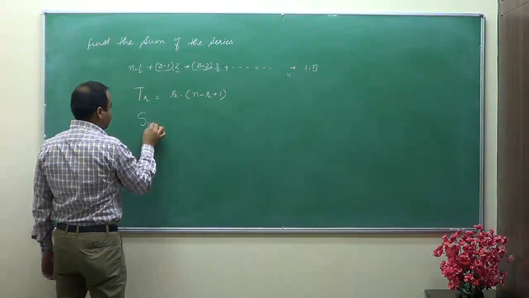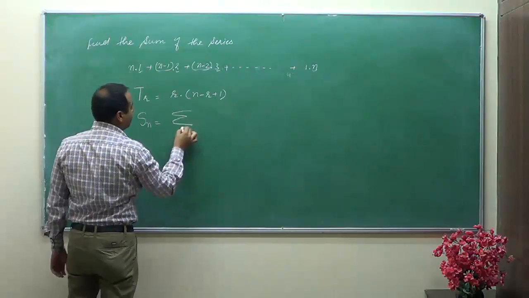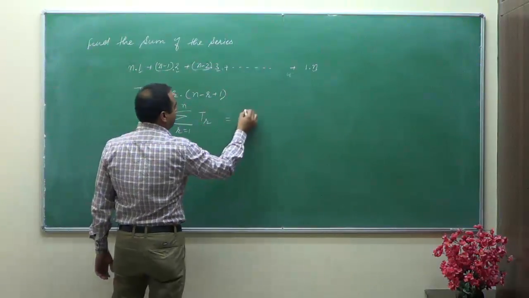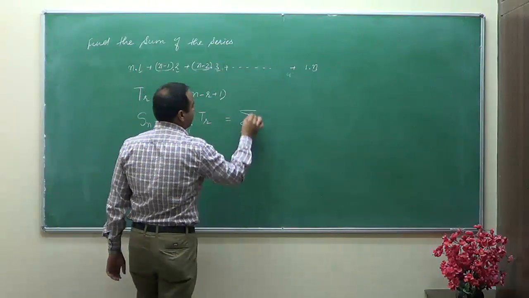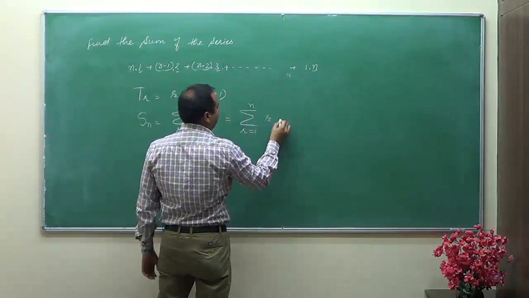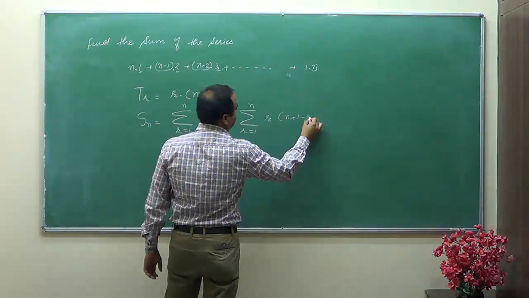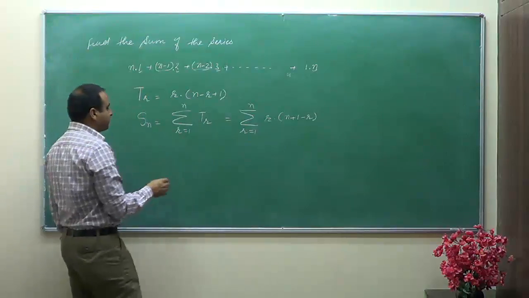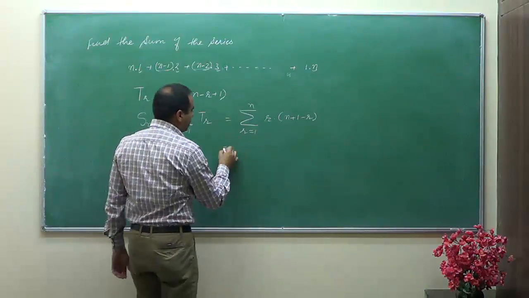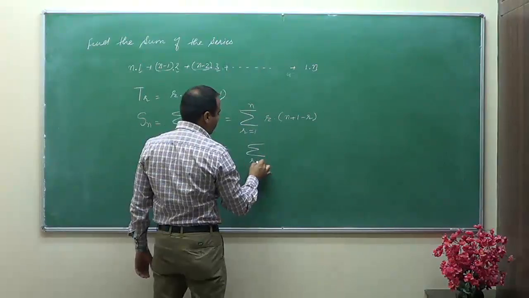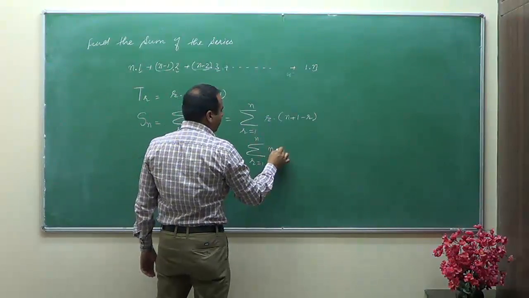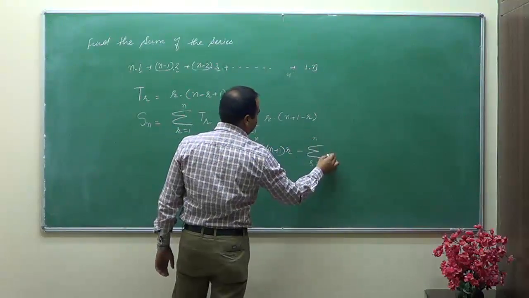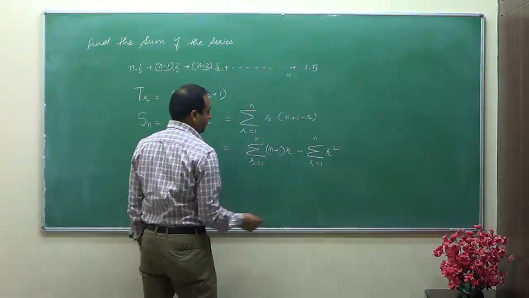So what is Sn? Sn is equal to the summation r is equal to 1 to n of T r, and it is summation r is equal to 1 to n of r into n plus 1 minus r. In order to find the sum, we can write it this way. We can split it as n plus 1 into summation r minus summation r square.